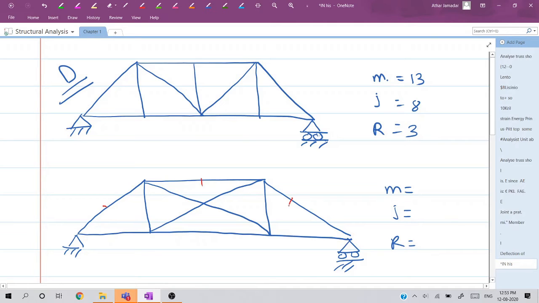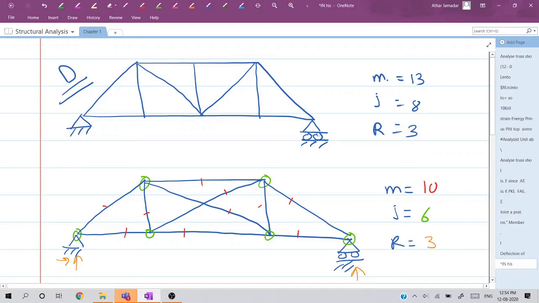Members: 1 2 3 4 5 6 7 8 9 10. Total number of M is 10. Total number of joints: 1 2 3 4 5 6. Total number of joints is 6, and reactions again are one vertical and one horizontal at the hinge support and one vertical at the roller support. So reactions are 3.